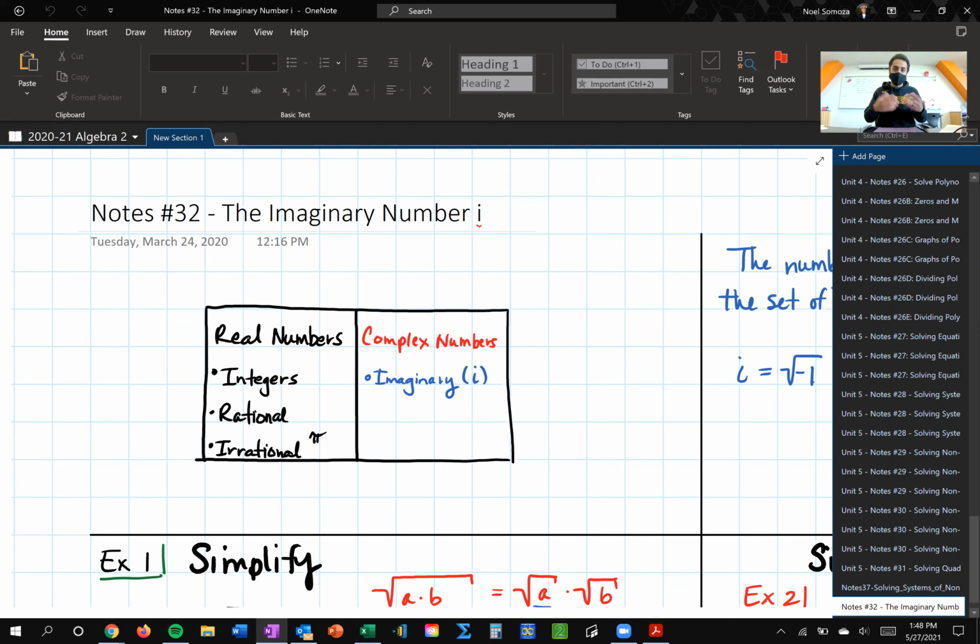So we're going to look a lot at what imaginary numbers are, and imaginary numbers have the unit i. You can see how all numbers that exist in math, you have the real numbers, and then you have the complex numbers. Within the real numbers are numbers that you've seen in math up until this point. As of today, moving forward, you're going to have to be familiar with the complex numbers, and that's where the imaginary numbers live. They live within the group of complex numbers.